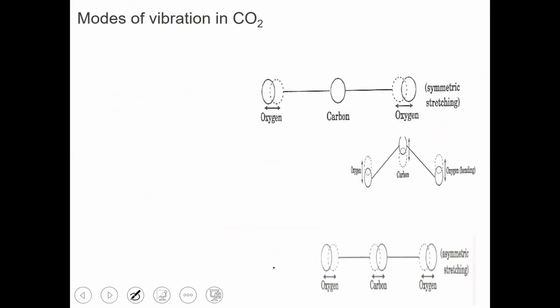There are different modes of vibration of the CO2 molecule. Carbon is shared with two oxygen atoms, so this is the CO2 structure. Three different types of vibration modes take place in CO2. First, symmetric stretching.